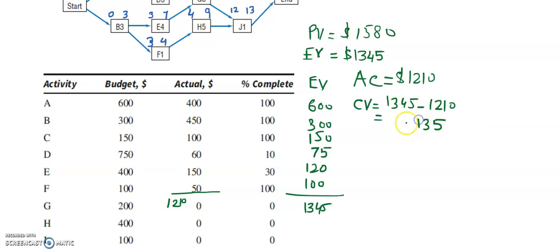And 3 minus 2 is 5. So cost variance is 135. And the schedule variance will be equal to 1345 minus 1580, so it will be minus $235.